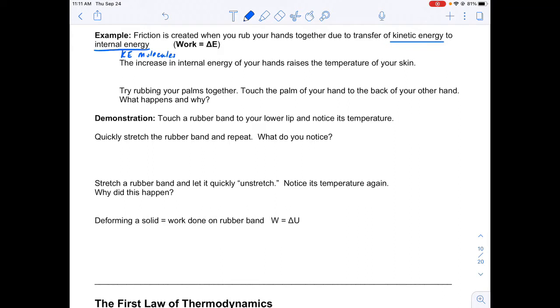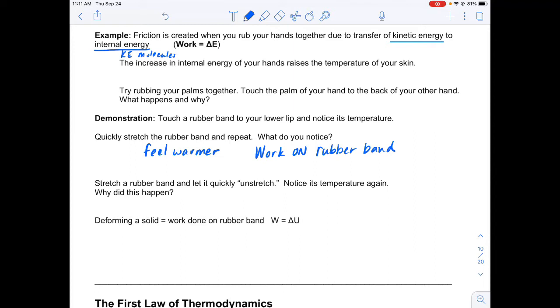Another example that's kind of cool, if you have a rubber band around the house, if you stretch the rubber band very quickly and touch it to your lip, and you use your lip because it's more sensitive than the rest of your body, you should notice that quickly stretching the rubber band causes it to feel warmer. And again, what happens is that the work that you do on the rubber band, that work, energy is never created or destroyed, it changes form.